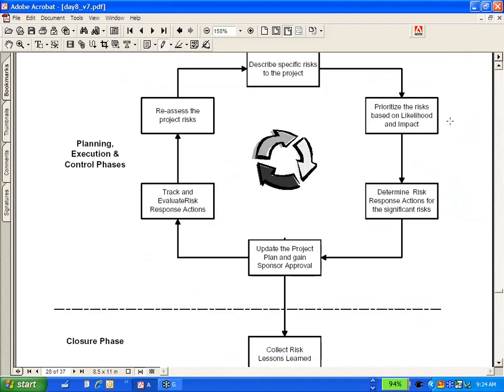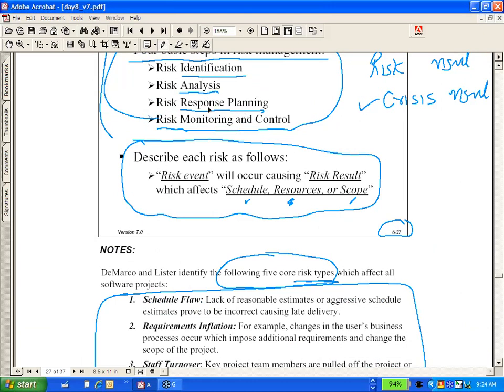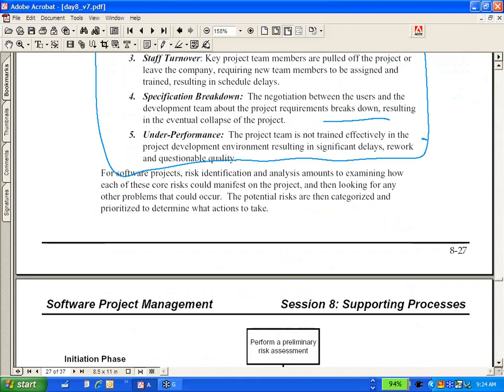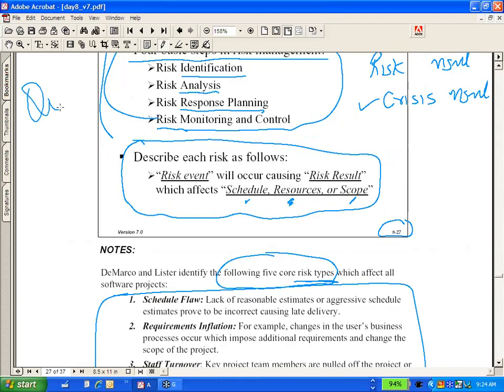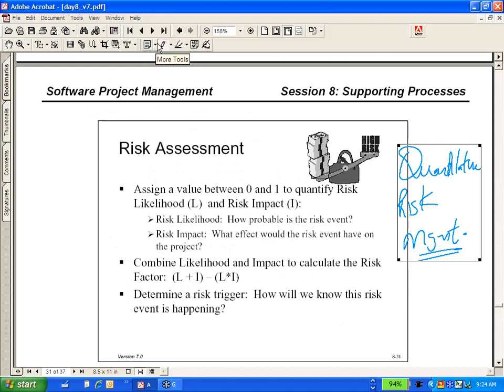There are four parts to it: identify, analyze, plan a response, monitor and control. And then they'll say, yeah, that's good, but have you done any quantitative risk management? Because this is qualitative risk management on page 27. On page 31, we have quantitative risk management.